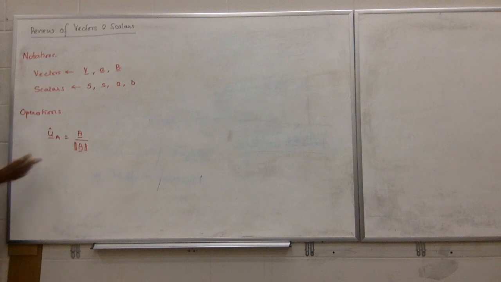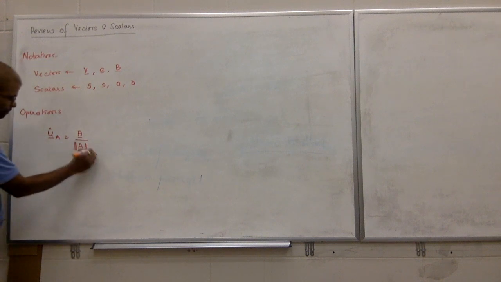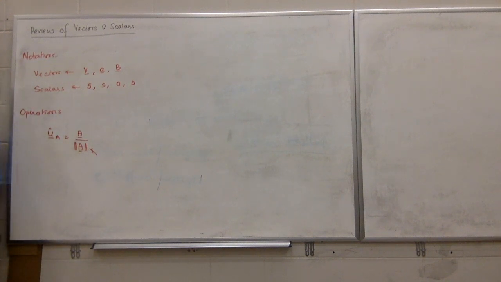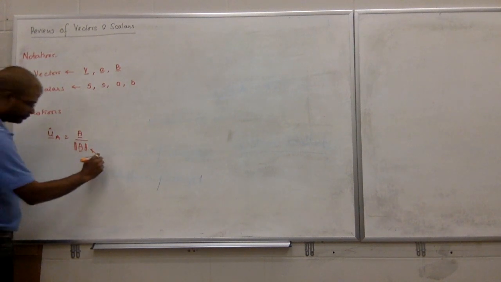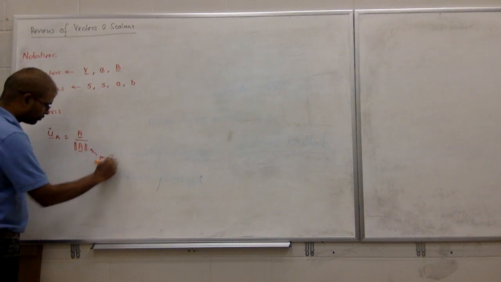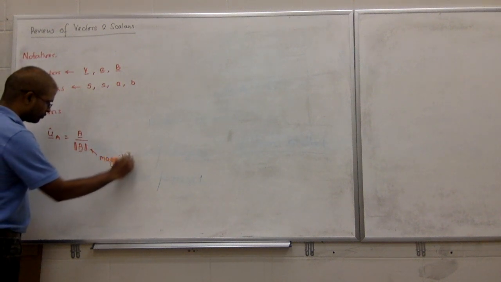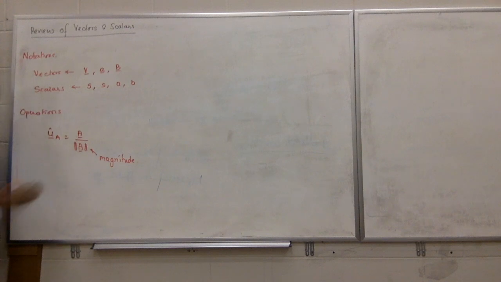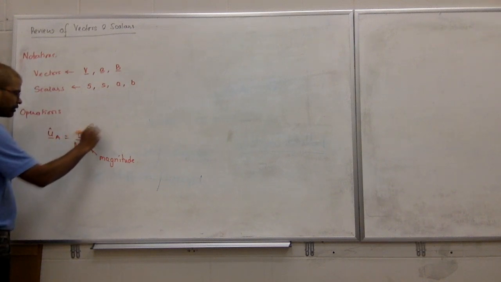Here there are, what is this? Magnitude of a vector. This is a vector itself.